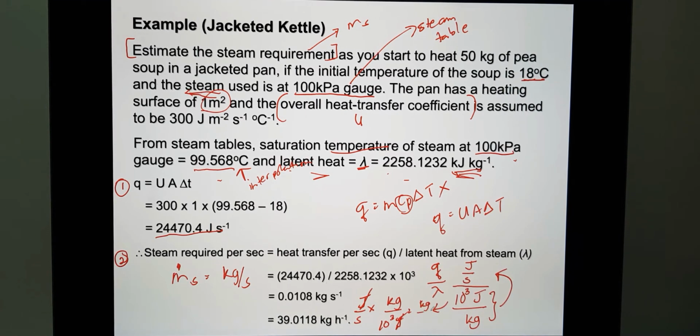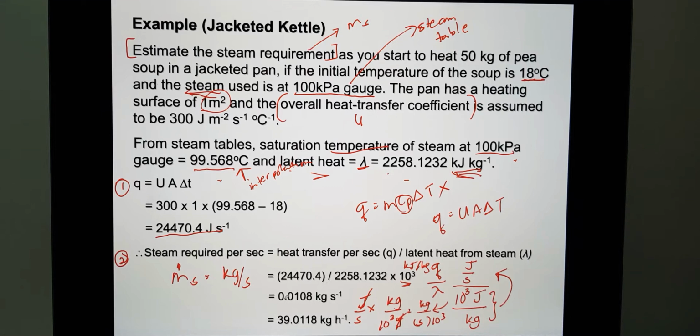kilogram per second times 10 to the power of 3, because that was the kilojoule just now. So what happened here is 24470.4 divided by 2258.1232 times 10 to the power of 3, because it is represented by kilojoule per kilogram.